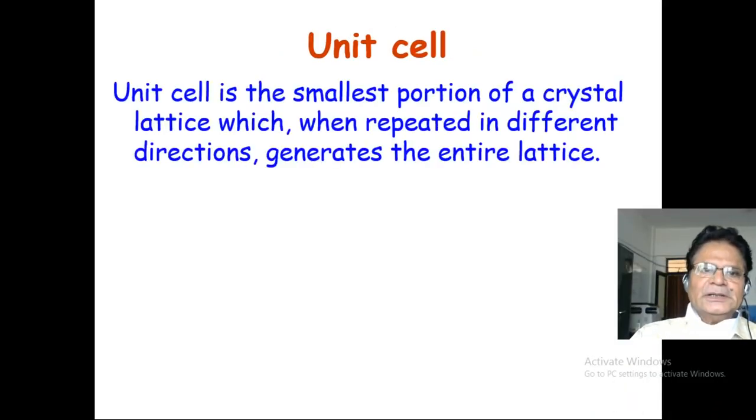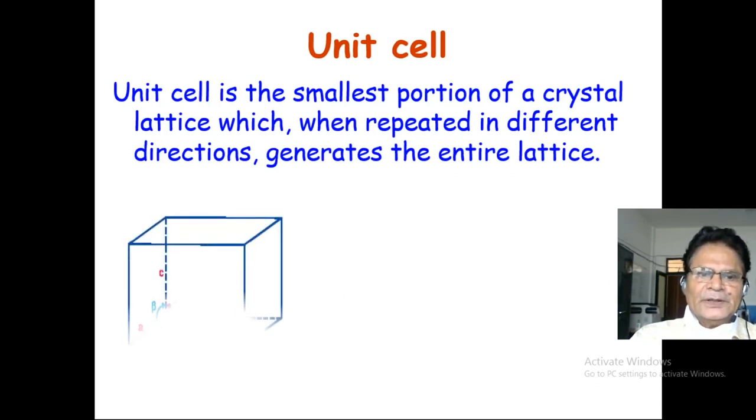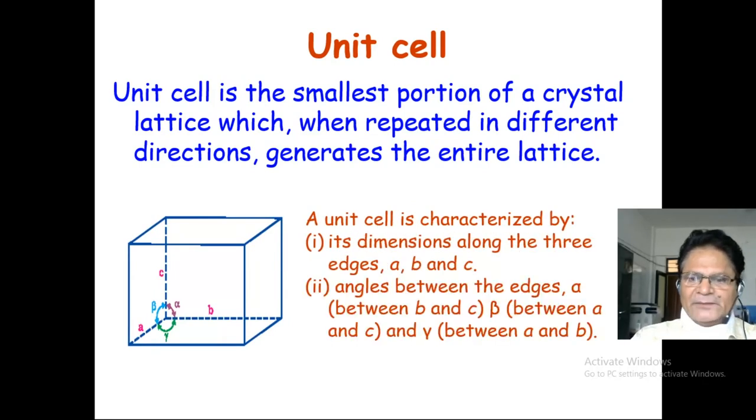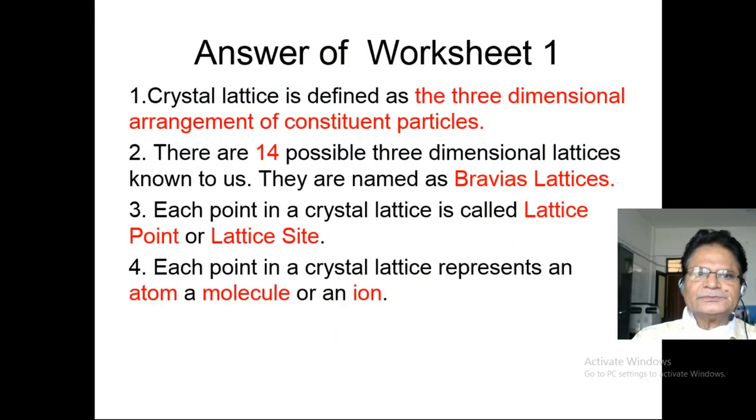Unit cell is the smallest portion of a crystal lattice, which when repeated in three-dimensional direction generates the entire lattice. A unit cell is characterized by 6 parameters: edges A, B and C, and angles alpha, beta and gamma. Angle alpha is between B and C, angle beta is between A and C, and angle gamma is between A and B.